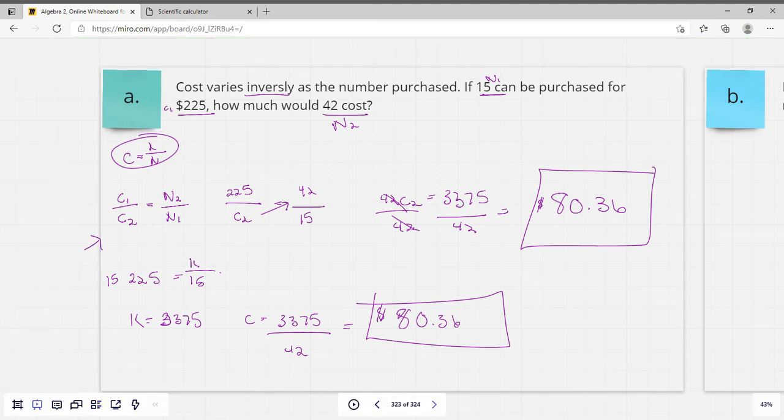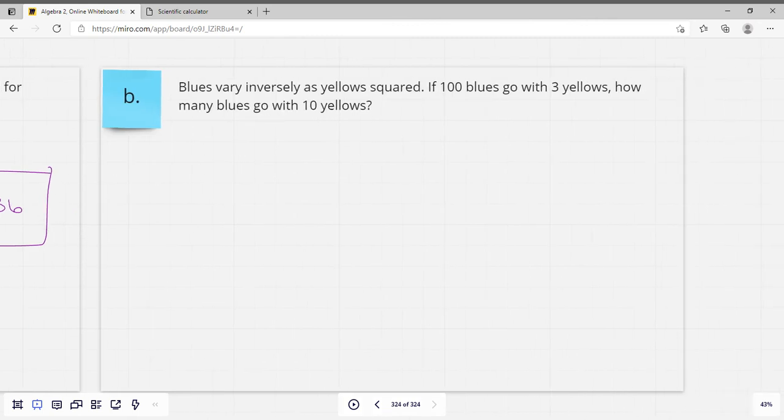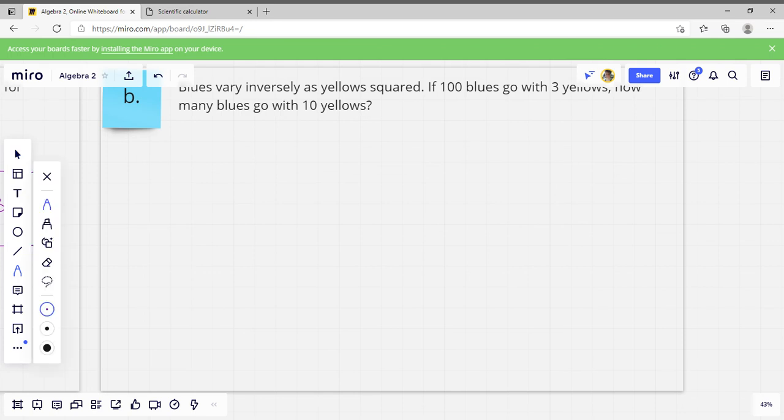All right. Next one. Blues vary inversely as the square of yellows. All right, so we're going to have blues and yellows, blue 1 to blue 2, and those vary inversely. So we're going to have yellow 2 to yellow 1. We're flipping that second one.